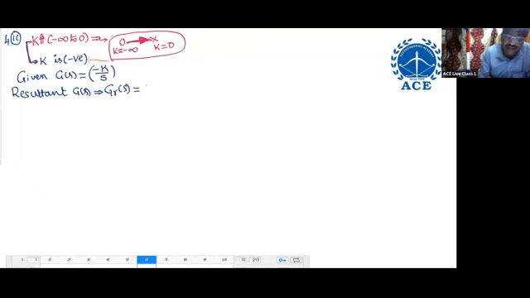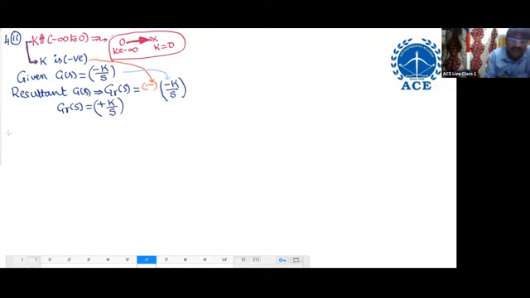The sign of K is minus, and the sign of G of s is minus. So what is G_R of s? It becomes plus K by s.